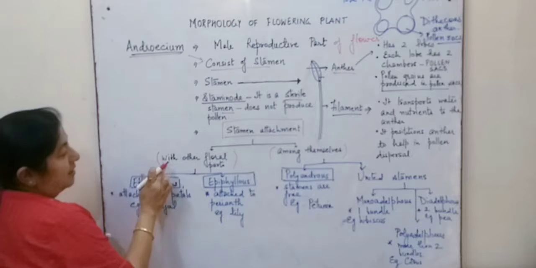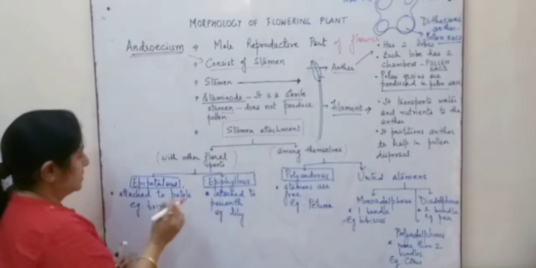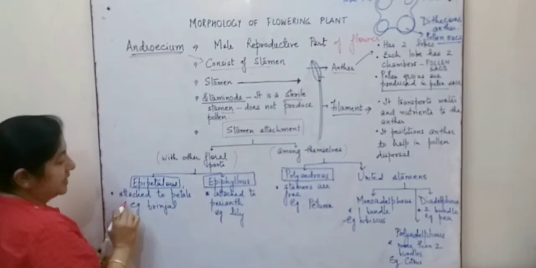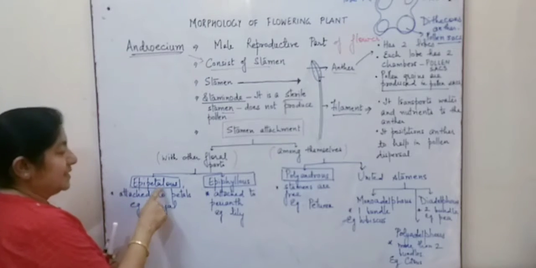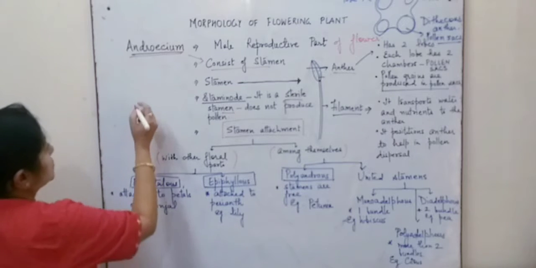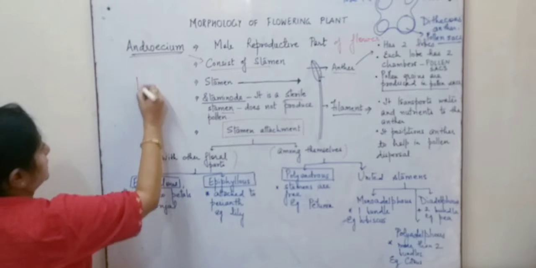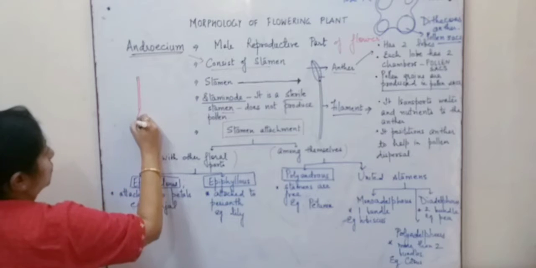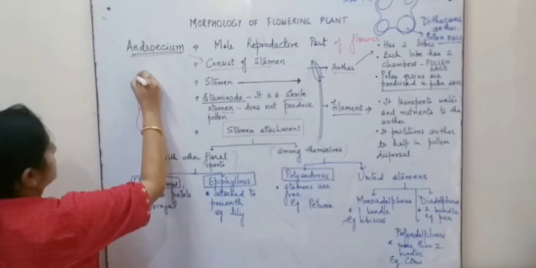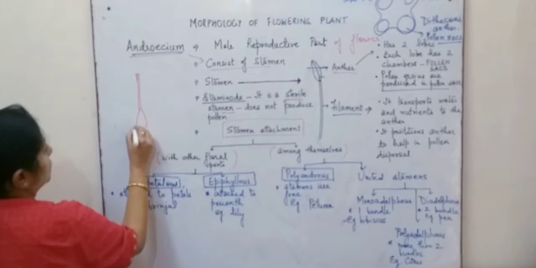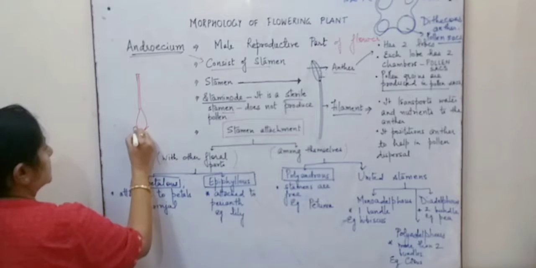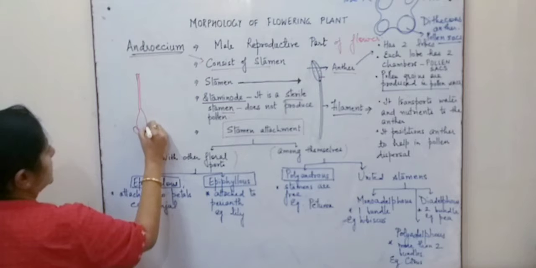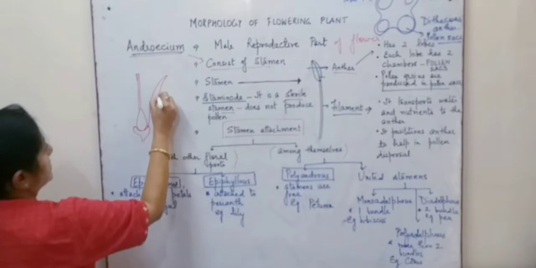Now, when they are attached to other floral parts, one condition, when it is attached to petals, is known as epipetalous condition. In such a kind of flower, let us see, this is the ovary, this is the style, and this is the stigma. Now this over here is the thalamus region, and this leads to the petals. These are the petals.